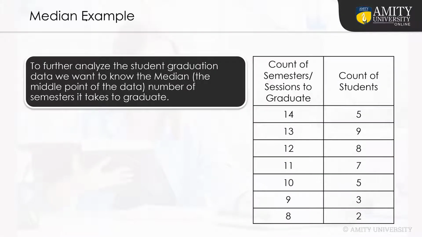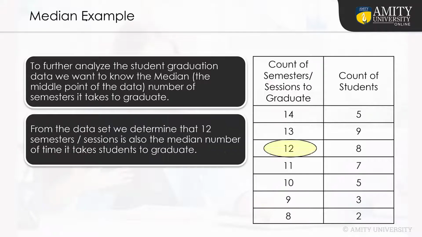So let's go back and look at our exploration of how long it takes to complete the BBA in Business program. To further analyze the student graduation data, we want to know the median, the middle point of the data, the number of semesters it will take to graduate. From the data set, we determine that 12 semesters or sessions is also the median number of time it takes students to graduate.